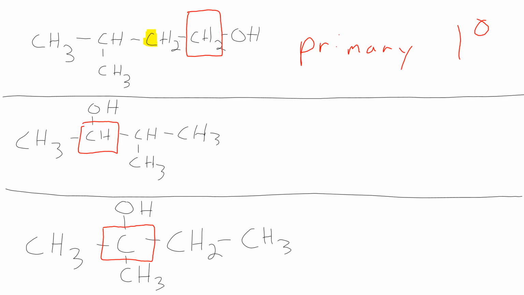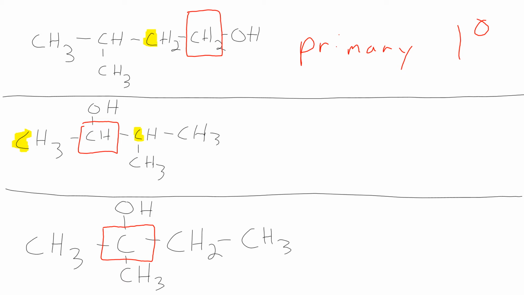Now if we look at the middle structure, again, we have boxed in the carbon with the OH, and now we're asking how many other carbons are directly attached to that carbon. I'm going to highlight them in yellow. Well, the carbon on the left is directly attached to that carbon, and the carbon on the right is directly attached to that carbon.